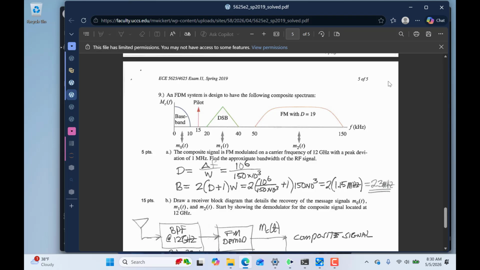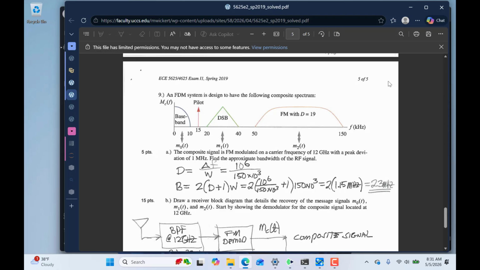So the deviation ratio is just going to be delta F, 1 megahertz, divided by W, which is 150 kilohertz. So the bandwidth of that signal is going to be, if you just work through Carson's rule here, 2.3 megahertz. So it's really tiny compared to 12 gigahertz, but it's just an exercise to carry that through.